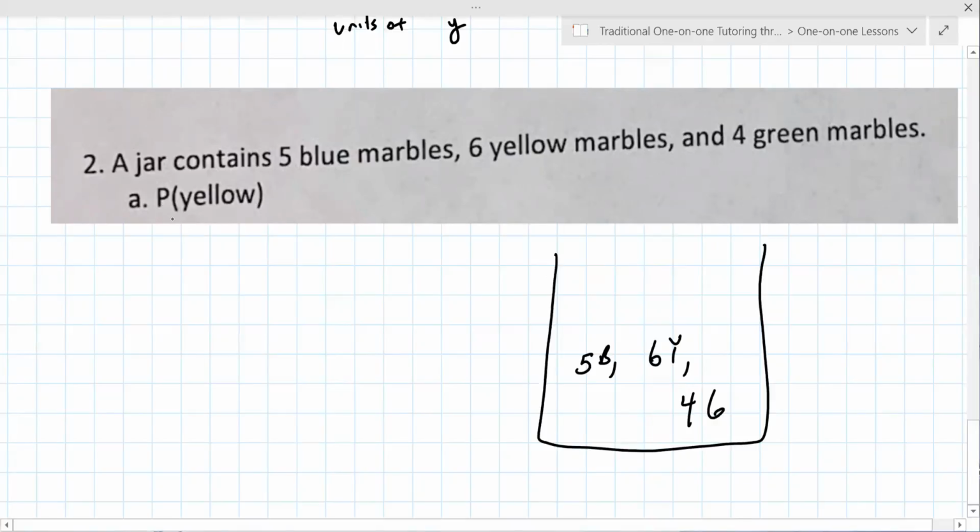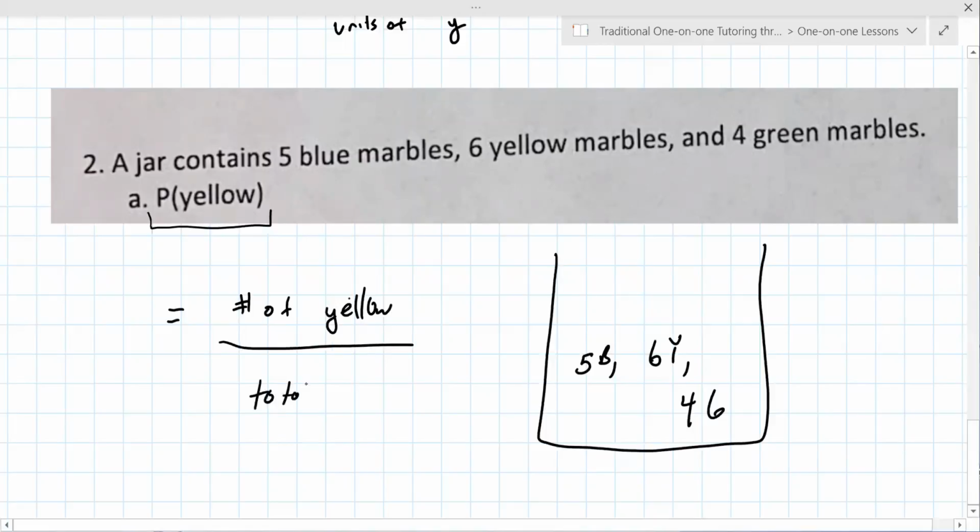It's asking you, what is the probability of selecting a yellow marble? It's an actual numerical value, and to do it, it's the number of yellow divided by the total. So it's the number of yellow, which is 6, and the total is 5 plus 6 plus 4.